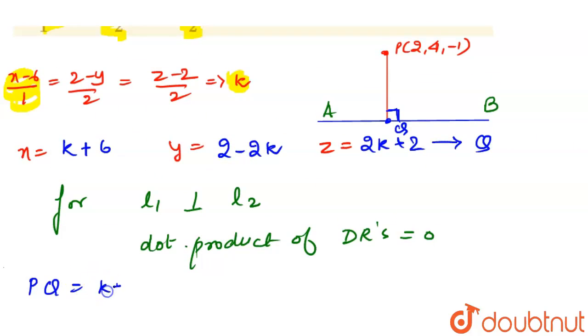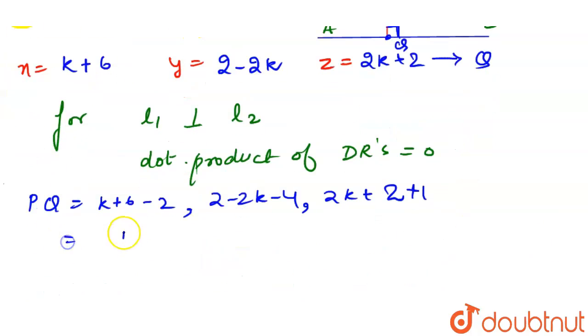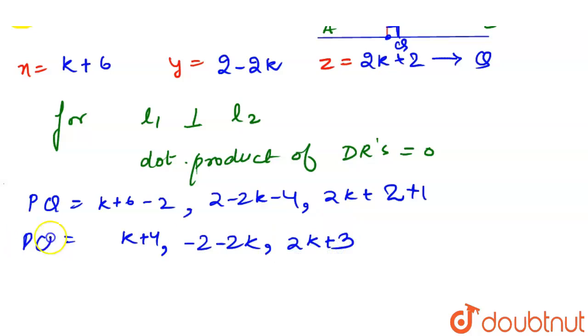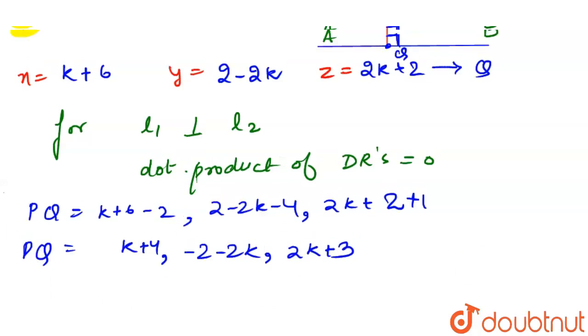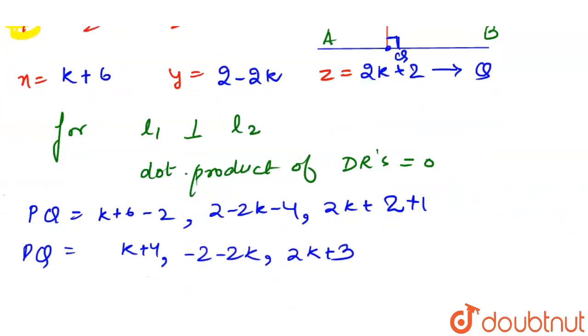So we write k + 6 - 2 for the x-axis, then 2 - 2k - 4 for the y-axis, and 2k + 2 - 1, that means 2k + 1 for the z-axis. This will give us k + 4, -2 - 2k, 2k + 3. This is your PQ, and this is the line AB.